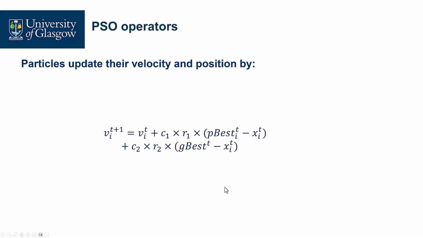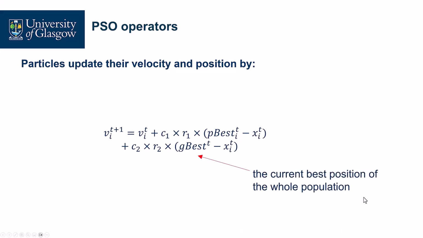Let's first see what we know now. As I have said, the velocity is updated by the p-best and g-best. So the g-best is here. This is the current best position of the whole population. This t means in the iteration t.